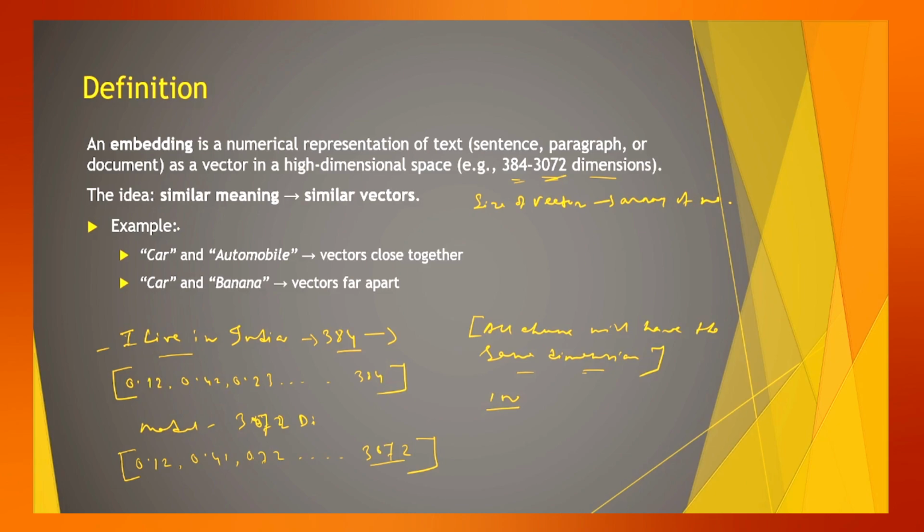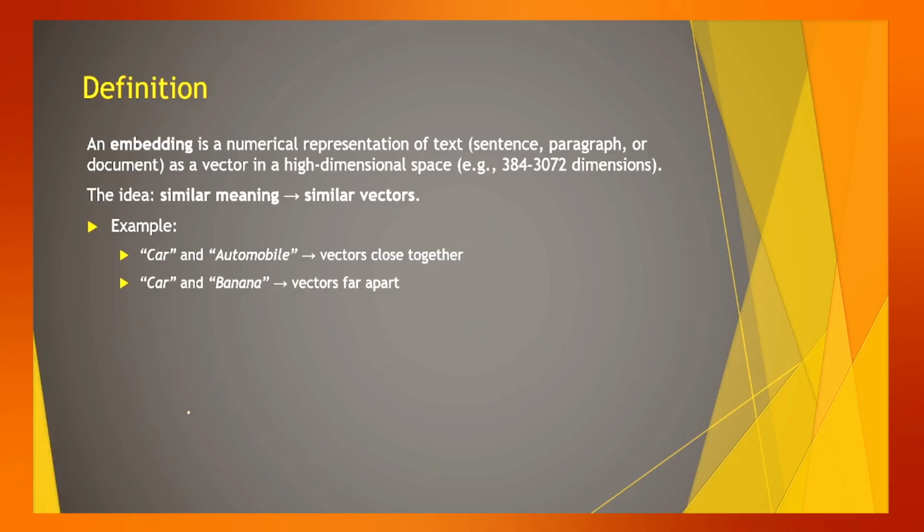The idea is that similar meaning gives similar vectors. For example, car and automobile vectors are close together, while car and banana vectors are far apart. Suppose car is represented as 0.21, 0.42, 0.63, 0.84.